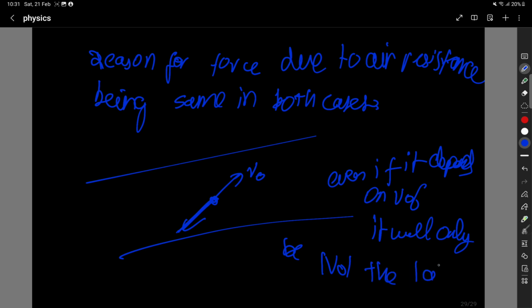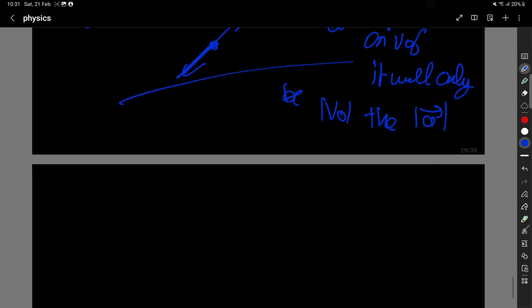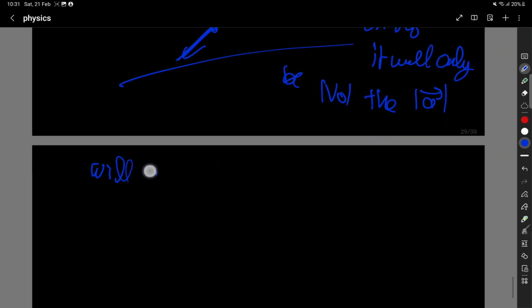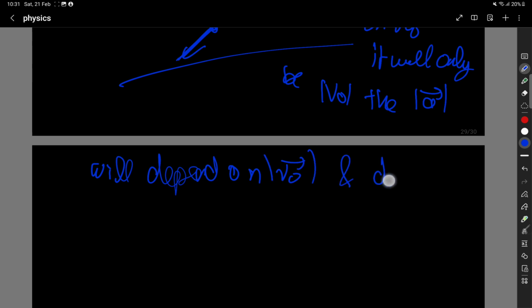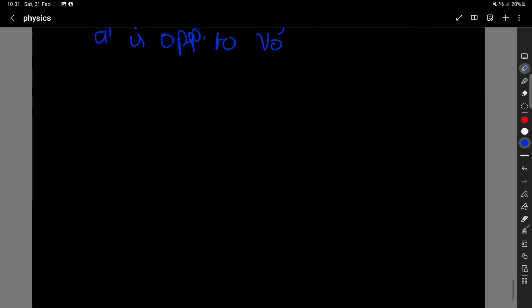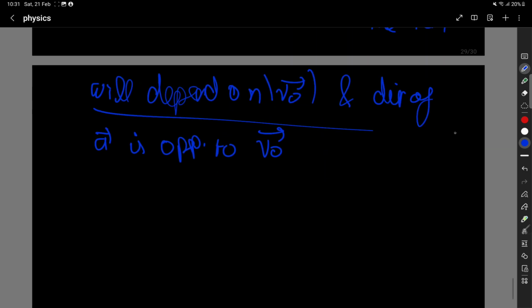The magnitude of acceleration will depend on v0, and the direction of acceleration is opposite to the v0 vector. So this is basic. There is no reason why this will not be the case.